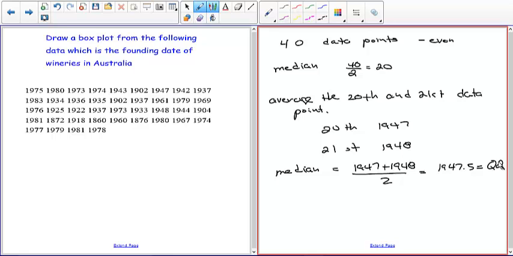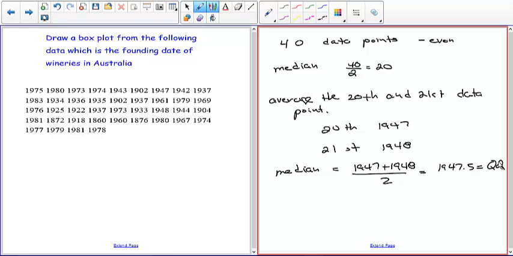Okay. So that's all we've learned new here, that the second quartile is the median. So that's the one step we wouldn't have known how to do up to this point. First thing we did is we took the data points, put them in order. I labeled them so I knew which was the first through the 40th. To find the median of an even number of data points, you take the number of data points, divide by 2.